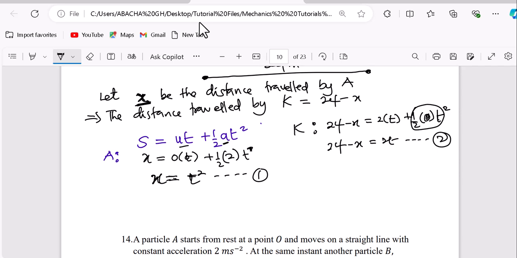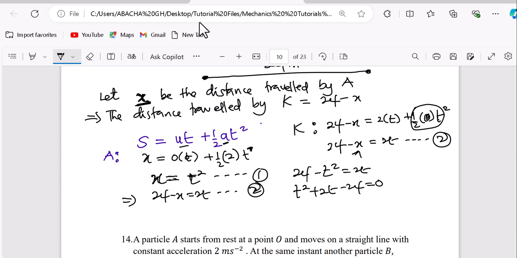We can actually solve these two equations simultaneously. Putting the two equations together, in place of x we put t squared into 24 minus x equals 2t. So we'll have 24 minus t squared equals 2t. Rearranging, we'll have t squared plus 2t minus 24 equals 0.